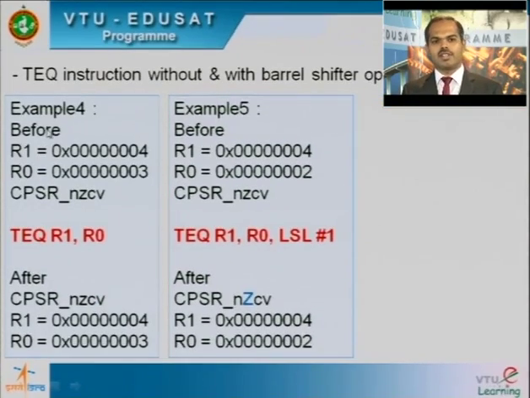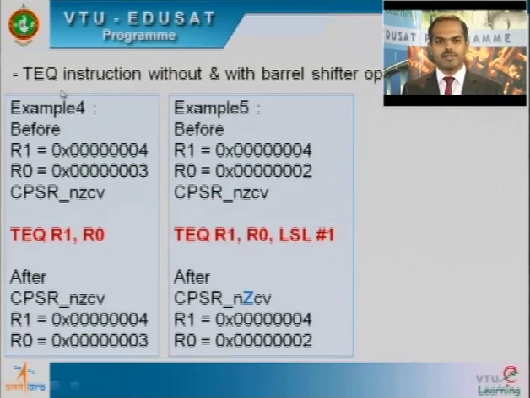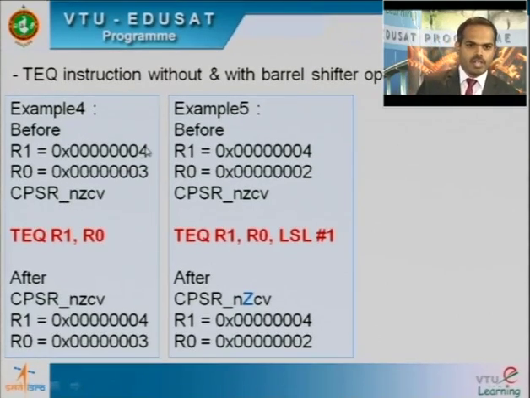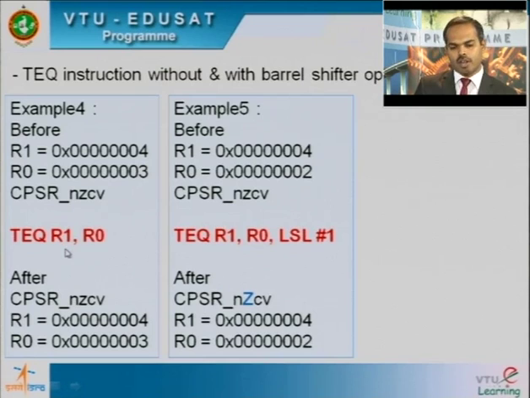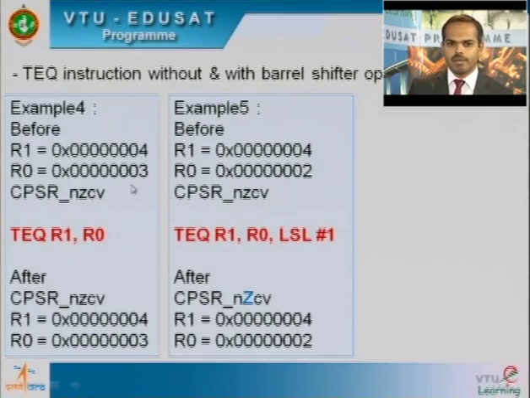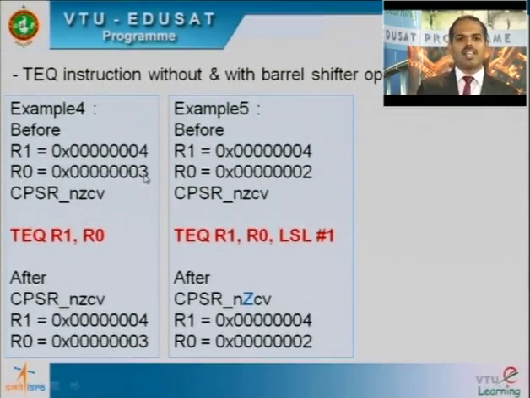Let's look at the next instruction, the TEQ instruction. This is example 4. TEQ instruction is test for equality. If you remember, it is nothing but a logical XOR operation. Now the R1 and R0 contents are 3 and 4. When we do XOR on 3 and 4, the result would be 7.